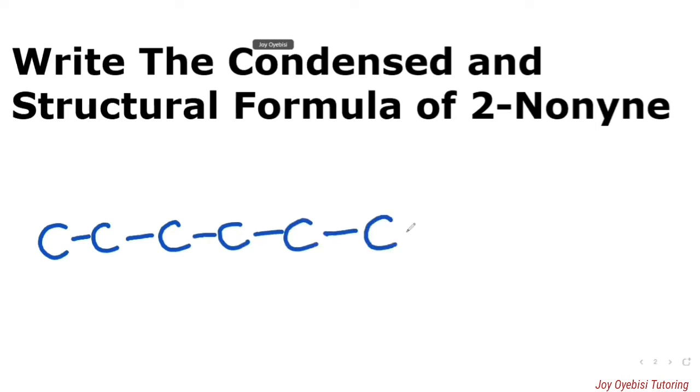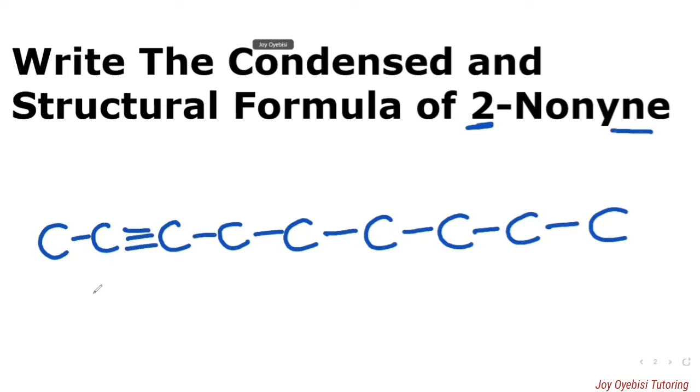We already know that this is 9 carbons, so you draw out your 9 carbons. The next step is that this tells us we have a triple bond on the second carbon, so we put the triple bond here.